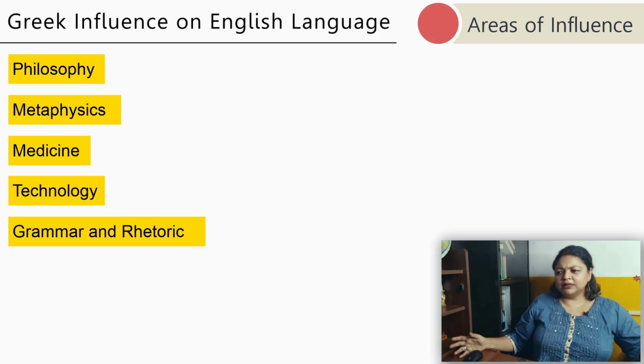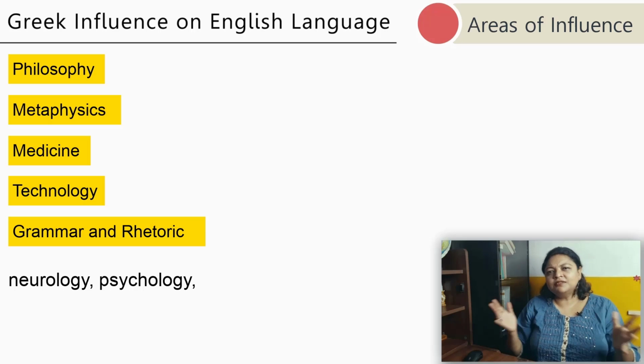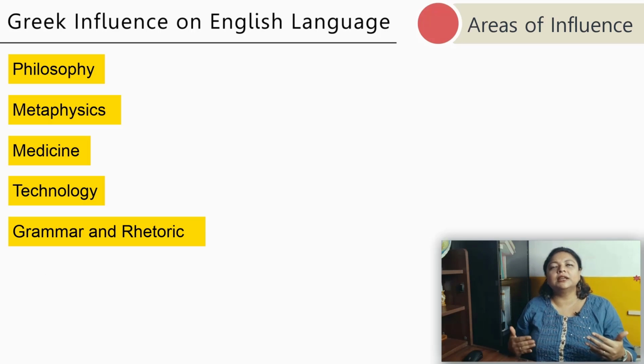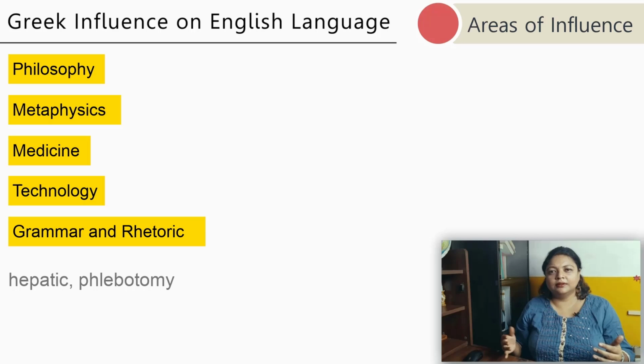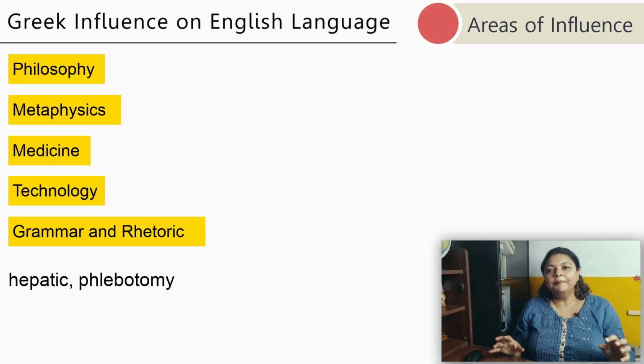Greek influence is also observed, as I was telling you, in natural sciences, medical science, coining technical terms, new terms, and even modern coinages, neurology, psychology, they are all derived from words which belong to the Greek vocabulary. And this was happening even before. If you take examples such as hepatic, related to liver, or phlebotomy, all these words are derived from Greek origins.